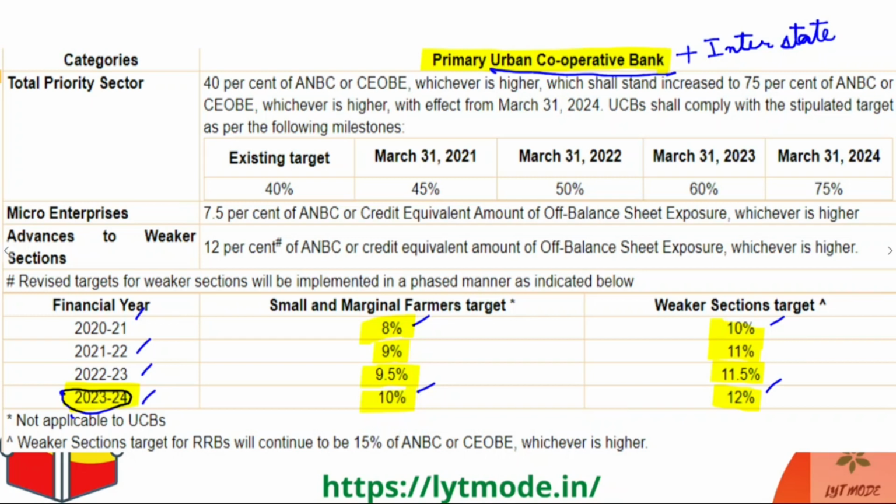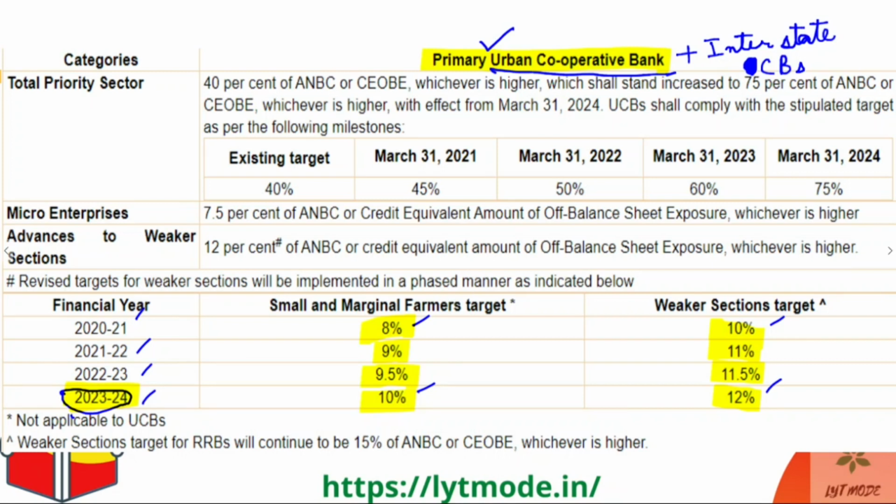Earlier they were regulated by NABARD, right? Not just interstate UCBs, but all interstate cooperative banks, including rural cooperative banks as well, if they are interstate, have also been brought under this. And all primary urban cooperative banks have now been brought under the regulatory control of the Reserve Bank of India, right? And when that happened, the Reserve Bank of India changed their PSL targets as well.